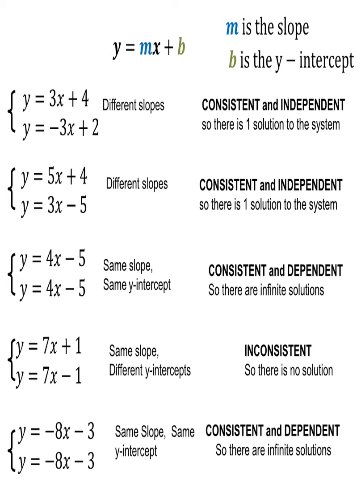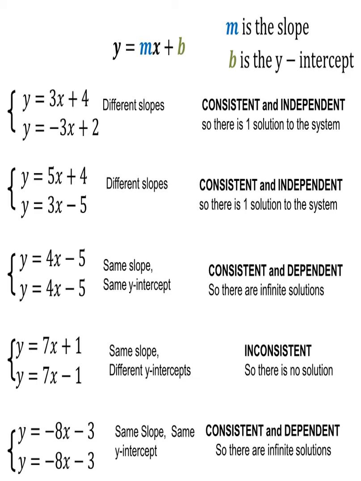Let us assume pairs of linear equations. We have taken five different pairs of linear equations, and we have already converted these equations to y = mx + b form, whose meaning we have already discussed earlier.